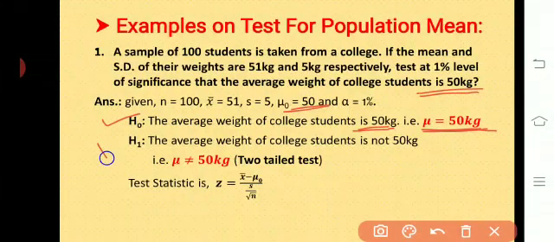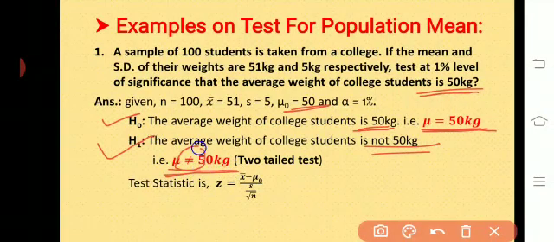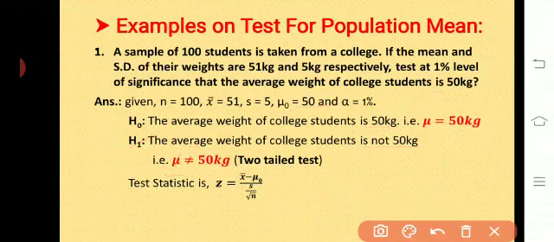That is, we can write the alternative hypothesis as H1: the average weight of college student is not 50 kilogram, and in terms of notation, mu is not equal to 50 kilogram. Now as we have seen in the previous classes, if the sign comes as not equal to, then it is a two-tailed test. Here mu is not equal to 50 kilogram, so it is a two-tailed test.